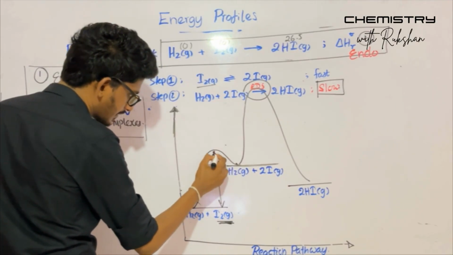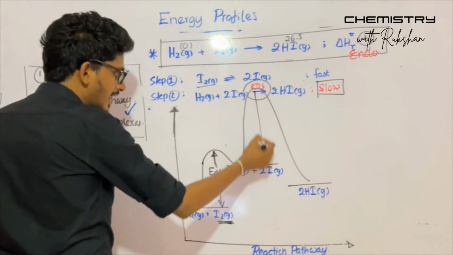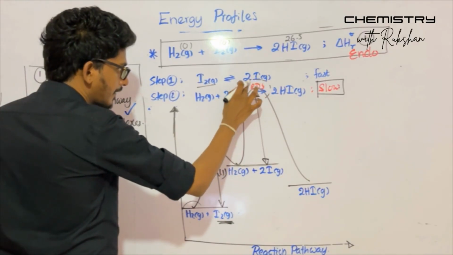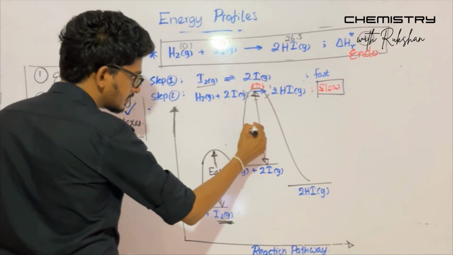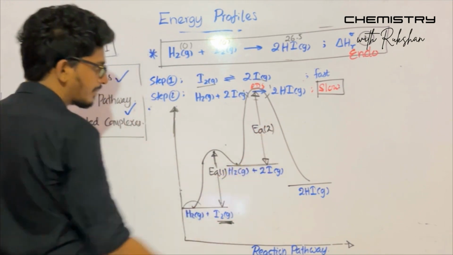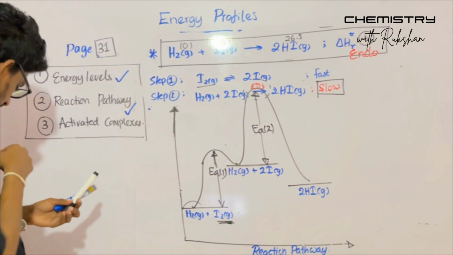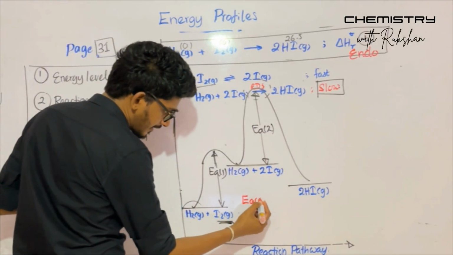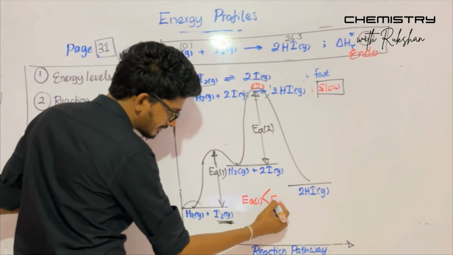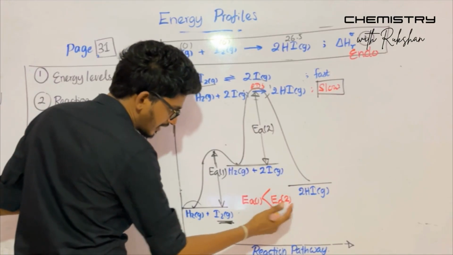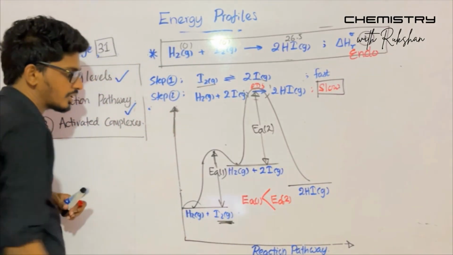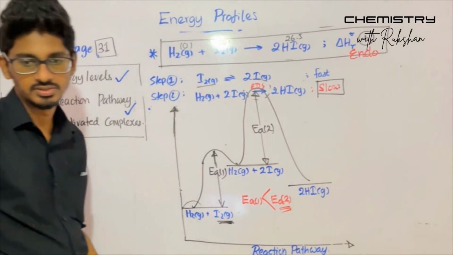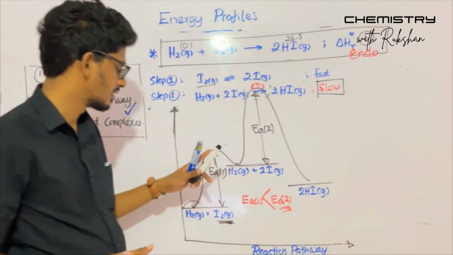Remember, your EA2 should be greater than EA1. The EA2 should be the larger value, not the EA1, because the second step is the slowest step, right?